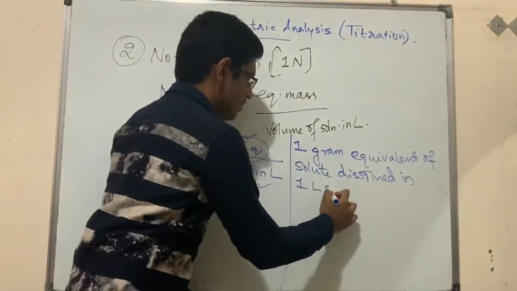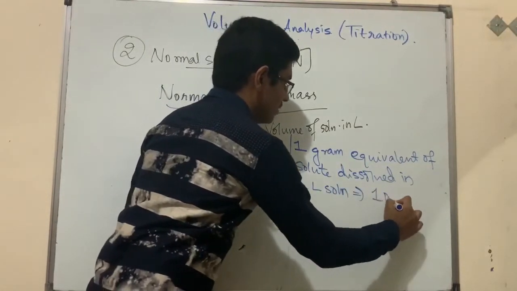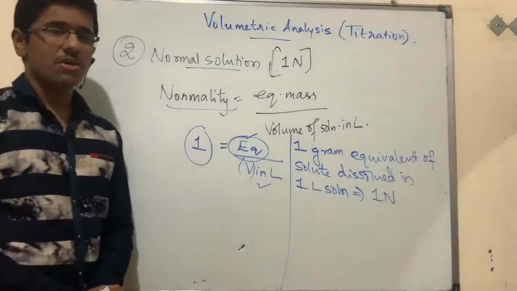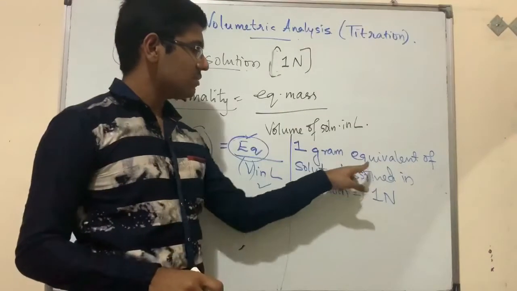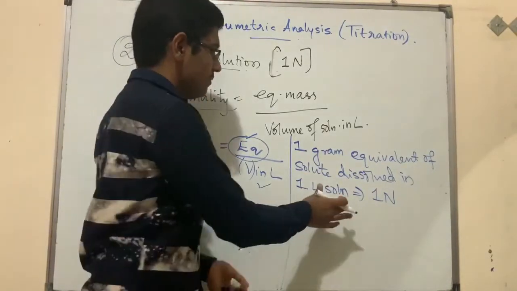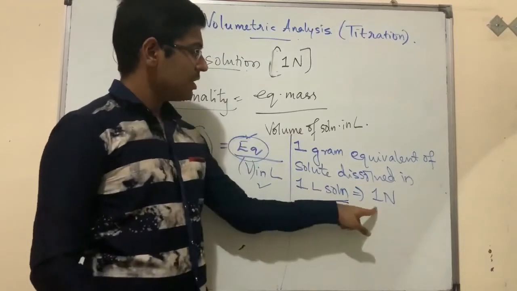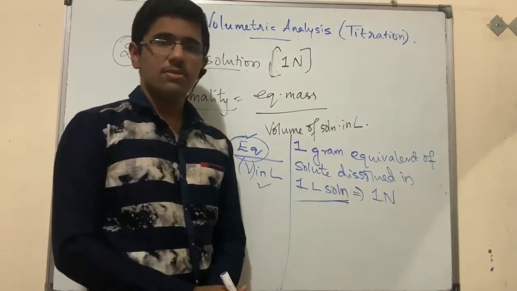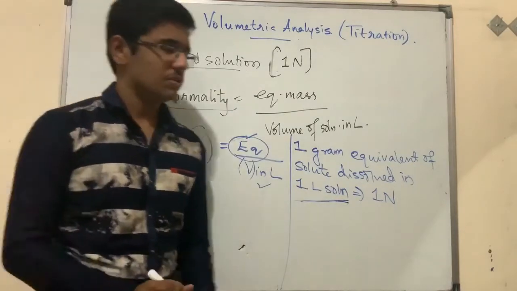So we can say one normal solution, or simply normal solution, is that solution in which 1 gram equivalent of the solute is dissolved in 1 liter of solution. So that is said to be one normal solution. This is the second thing you have to remember. What is a normal solution?